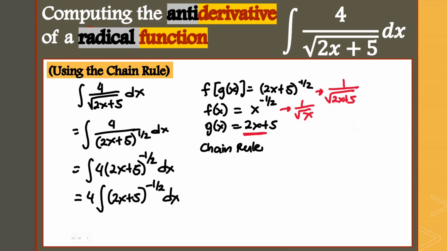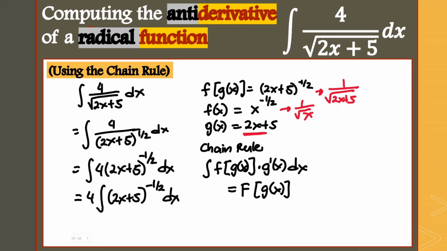We have another rule for that, which will be made available in the next video. But for the chain rule, the integral of f of g of x dx, we are going to use or integrate a factor of g prime of x according to the chain rule before we can say that it's f of g, the antiderivative of the outer function with respect to its component g of x, plus c.